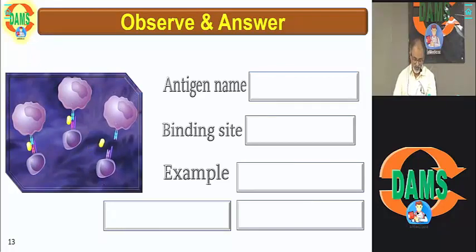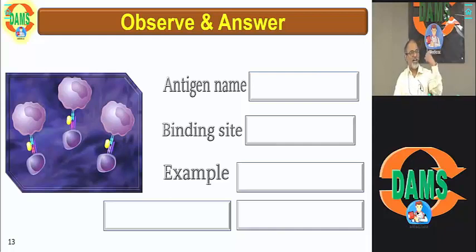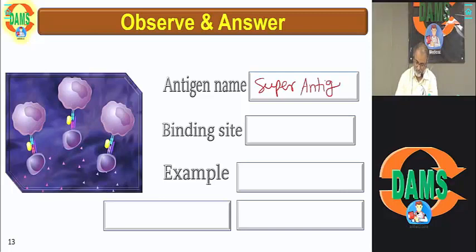Okay, what is the name of the antigen? That is the question. Antigen which bypasses antigen processing and presentation and directly attaches to the T cell receptor. It is called super antigen.